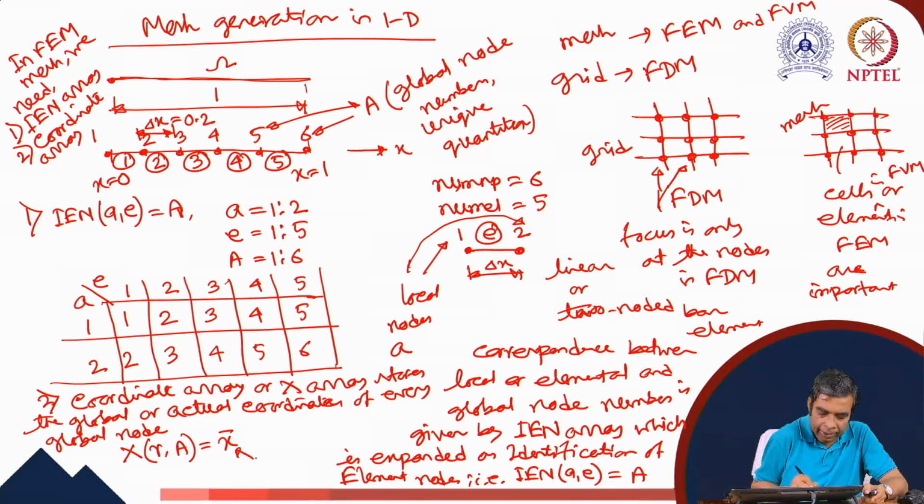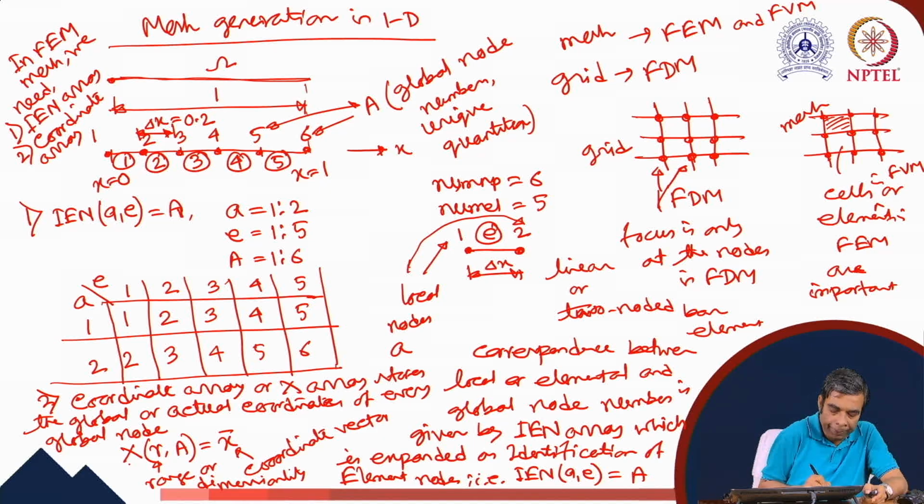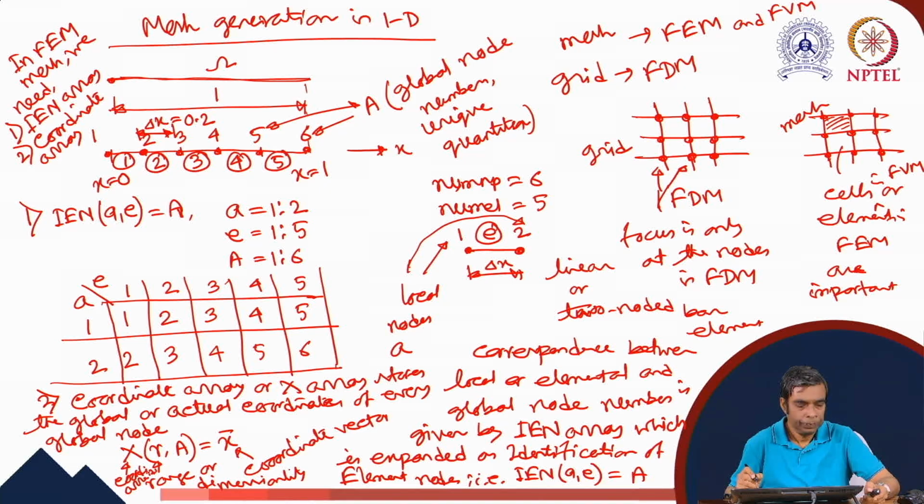So x bar is the coordinate vector, r is the range or dimensionality, capital X is the coordinate array.